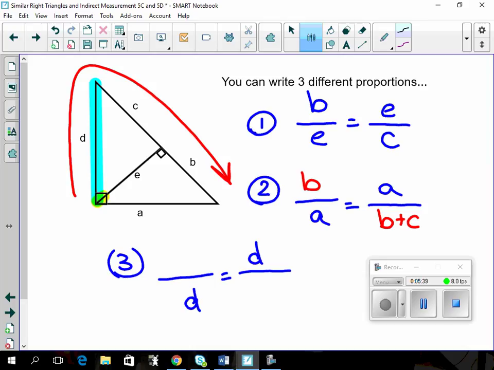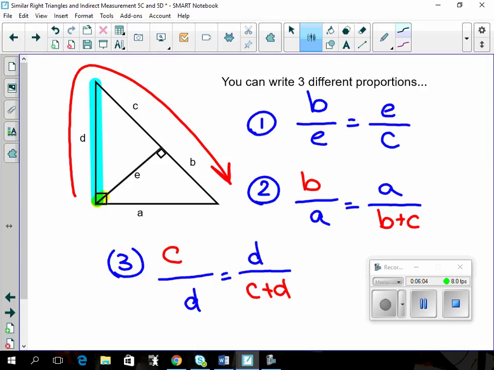What do you think? C and then? Very good. That's exactly right. Those arrows help me visualize what goes where. If you don't want to do the arrows, you don't have to. But again, it's just the part of the hypotenuse it touches, and then the whole hypotenuse. Are we okay so far with just the general formulas?